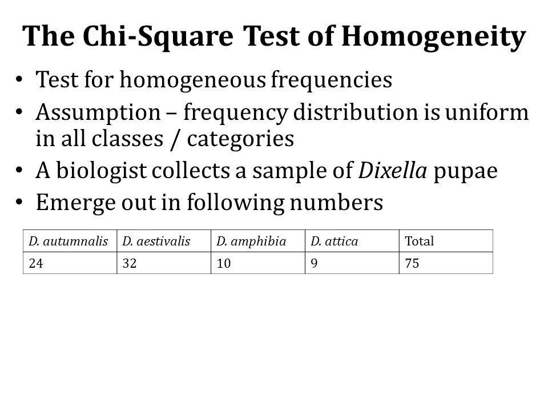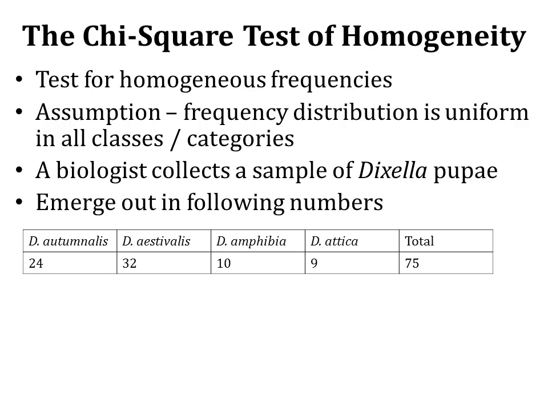This is their frequency distribution. These species are the nominal categories, and these are their frequencies, which are the number of pupae belonging to the respective species. Unless you have some previous finding about the species composition in that community or their relative distribution, you have to assume that they are homogeneously distributed.